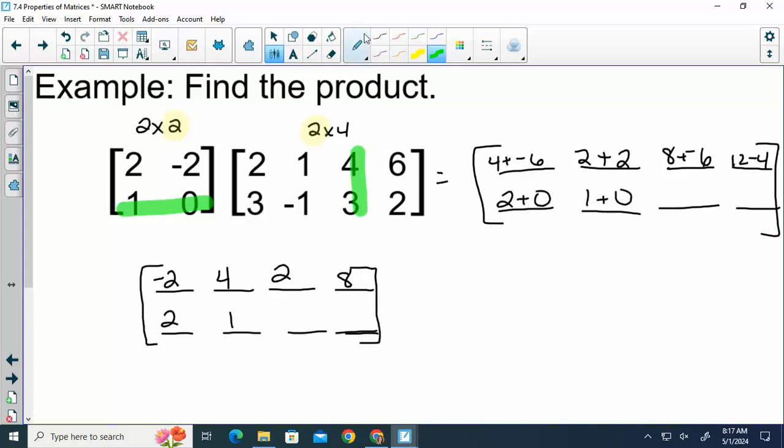Row 2, column 3. 1 times 4 is 4, 0 times 3 is 0, we get 4. And row 2, column 4. 6 times 1 is 6, 0 times 2 is 0, and we get 6.